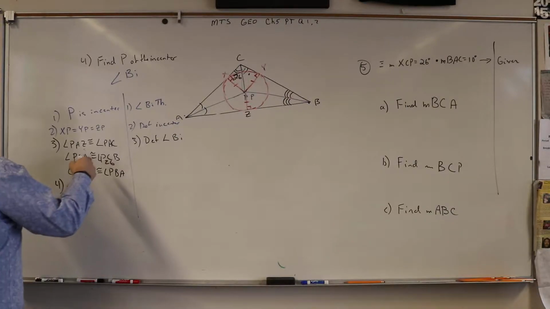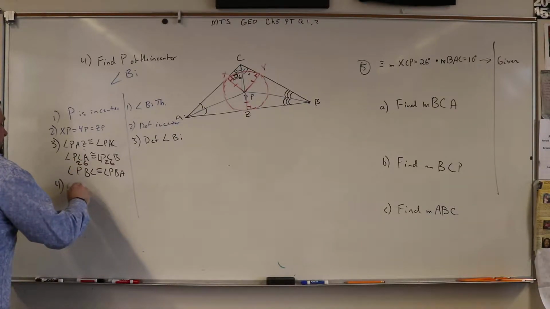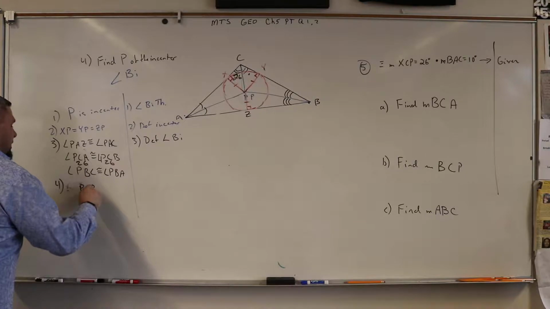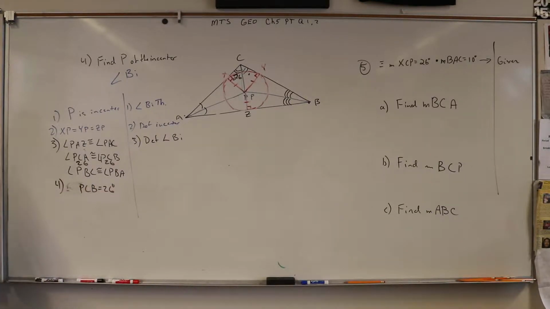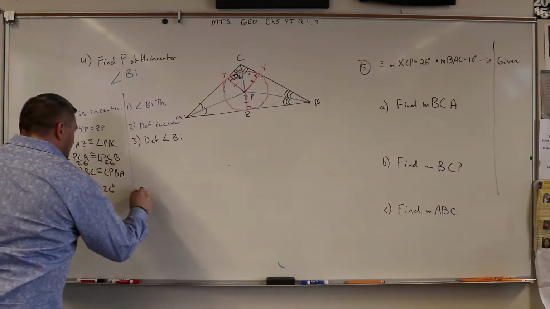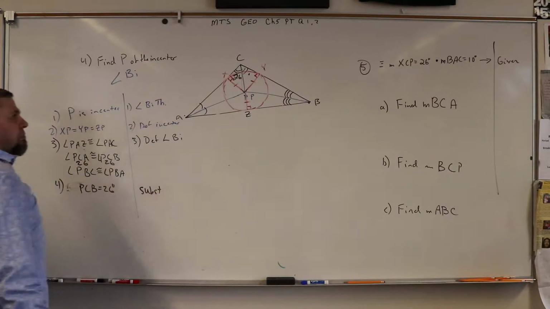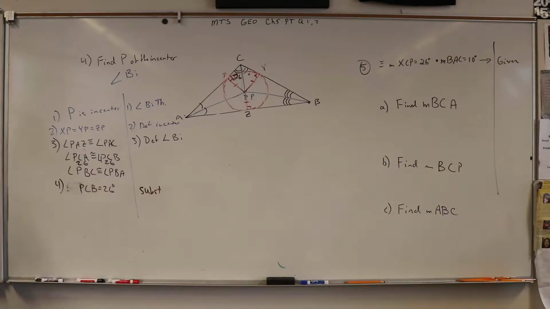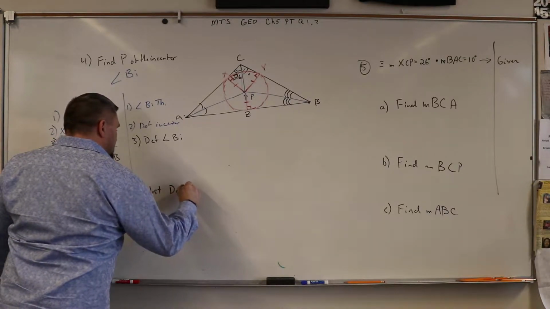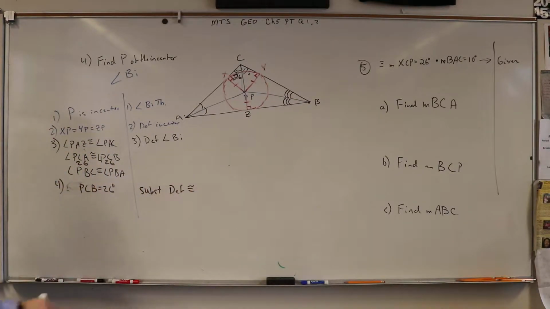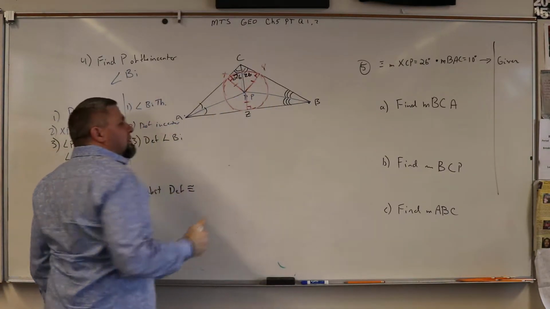That means PCB equals 26. Okay? Substitution and definition of congruency. So these are 26.